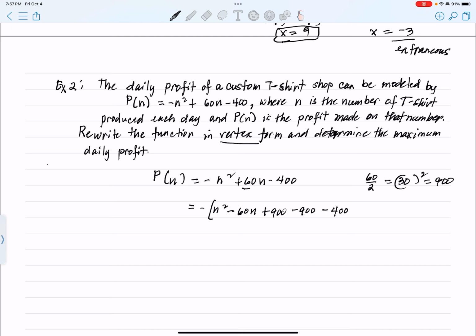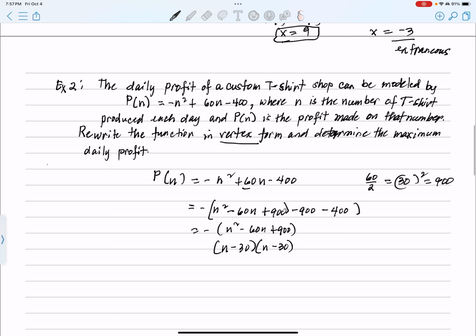Okay. So I'm gonna do this. n squared minus 60n plus 900 can be factored as n minus 30 times n minus 30. If we multiply it back, we come up with n squared minus 60n plus 900.